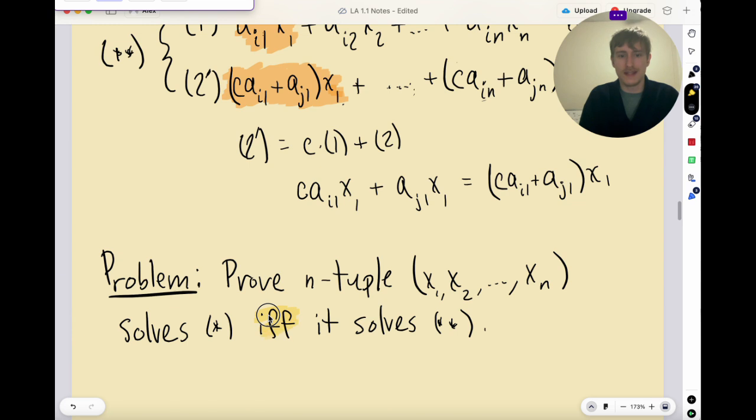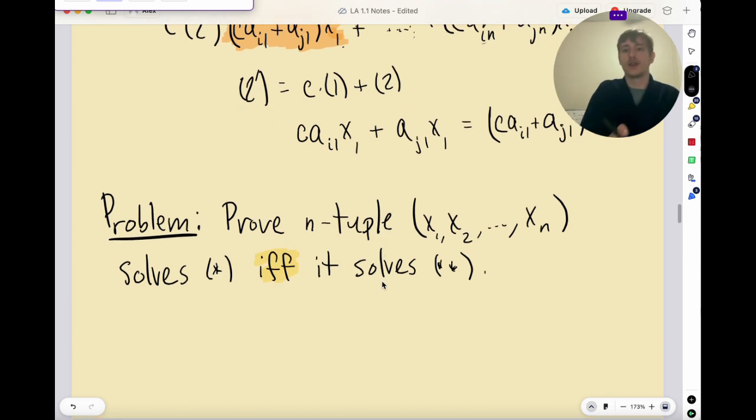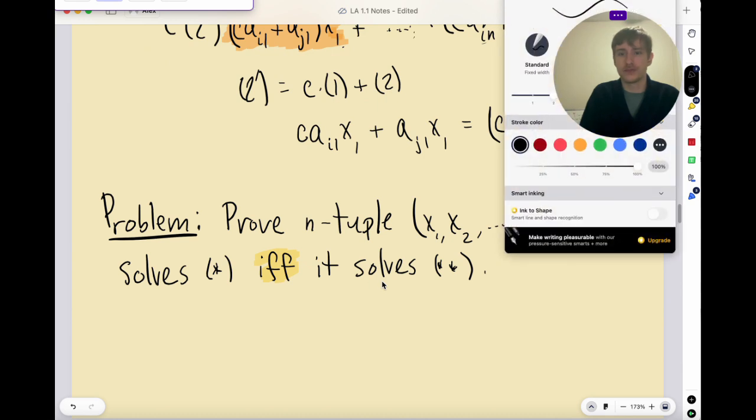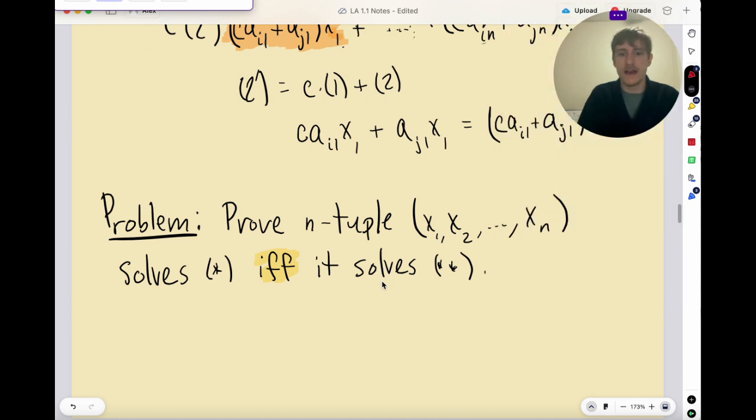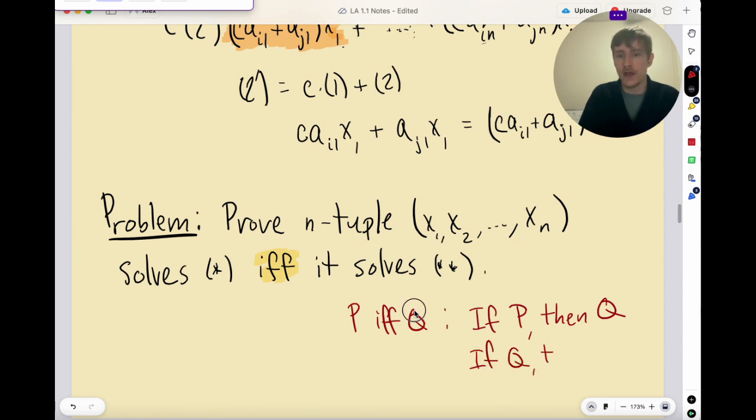Okay, so what does this if and only if mean? I'm just going to go off on a tangent. If I have a statement P, and I say P if and only if Q, what I have to show is, if I start with P, then I have Q, and I have to prove if I have Q, then I have P. I have to prove two things with the if and only if.